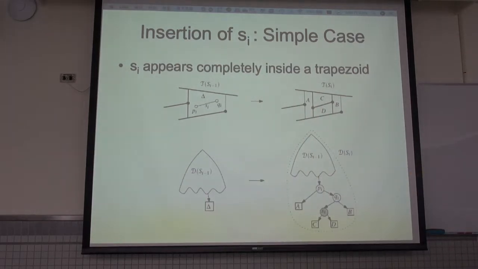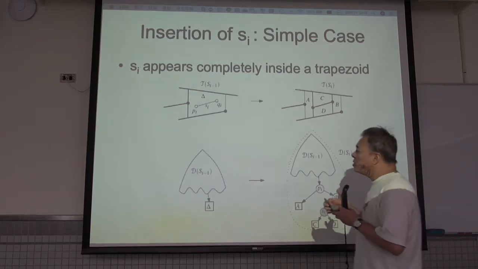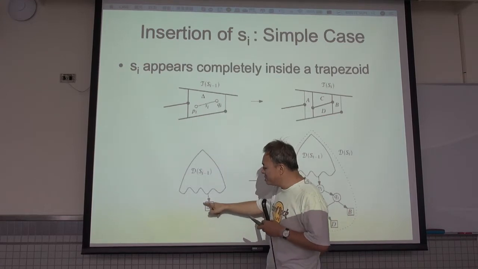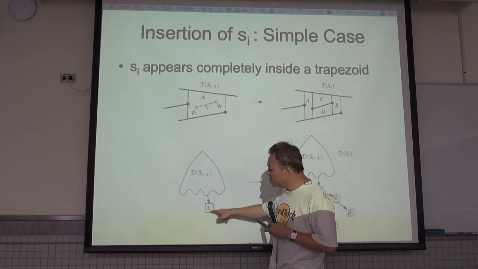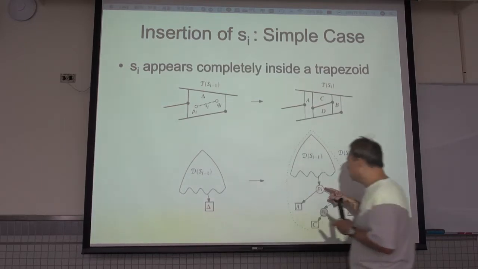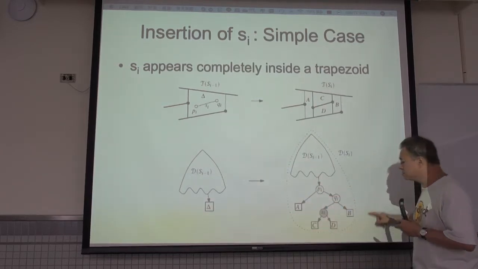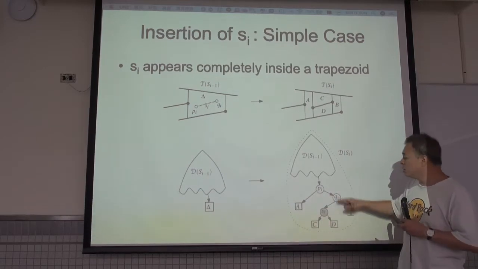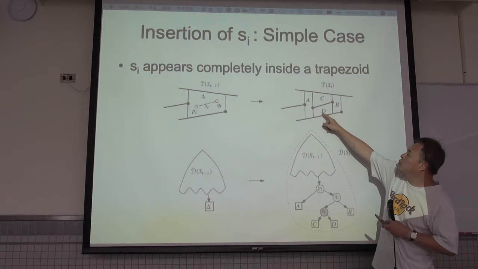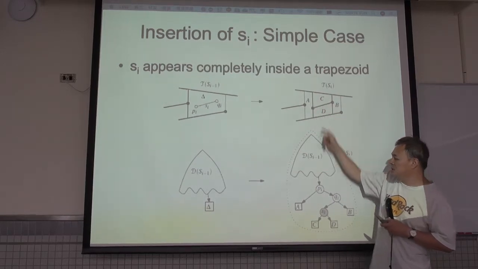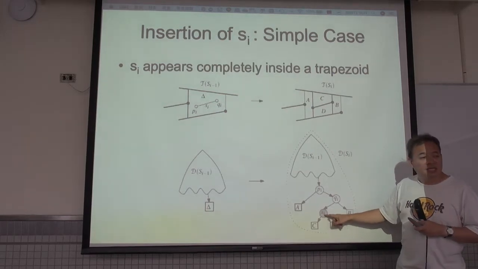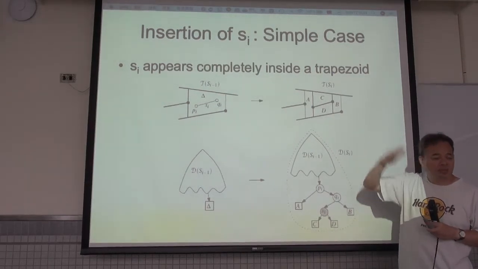And what you are going to do is simply replace the original leaf node that represents this trapezoid by this one. Of course, here you use Pi and Qi, which are the two endpoints of this segment, and you also need to use Si to tell whether it's above or below.